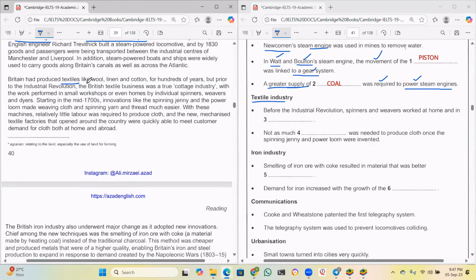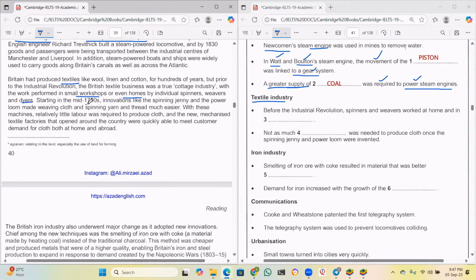Britain has produced textiles like wool, linen, and cotton for hundreds of years. But prior to the Industrial Revolution, the British textile business was a true cottage industry, with the work performed in small workshops or even homes by individual spinners, weavers, and dyers.